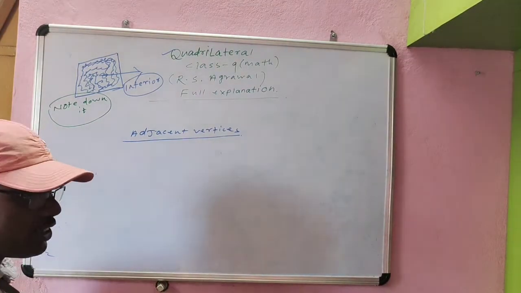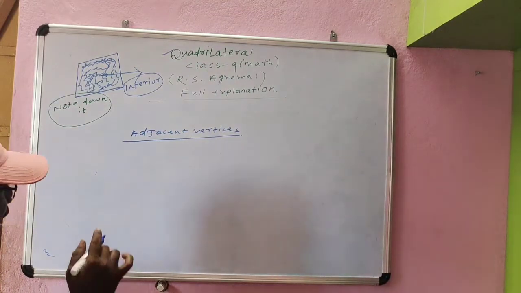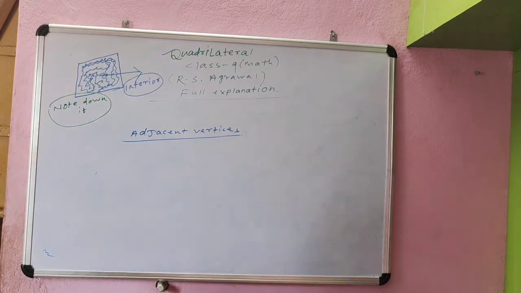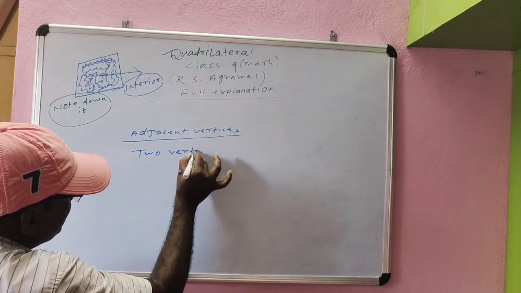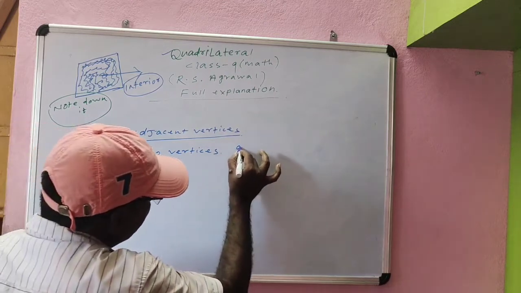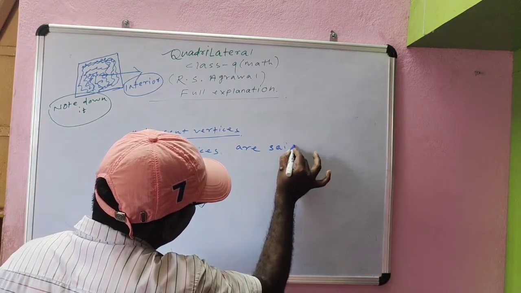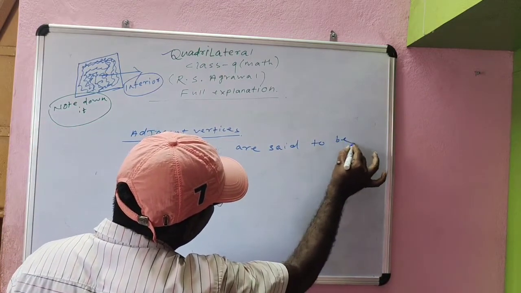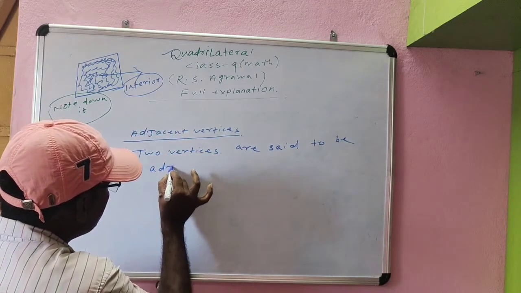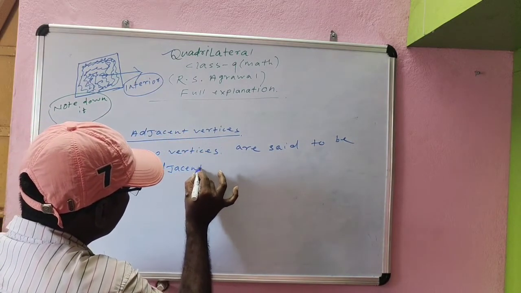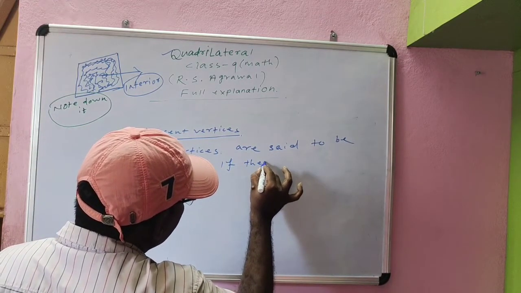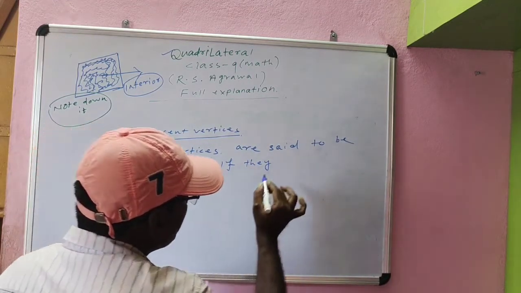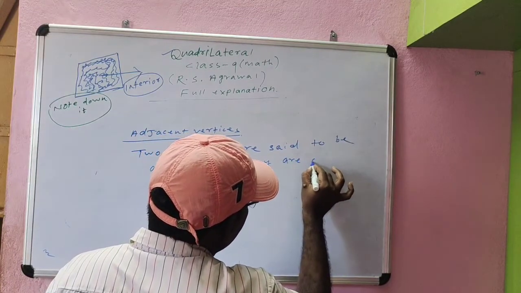The condition is that two vertices are said to be adjacent if they are consecutive.